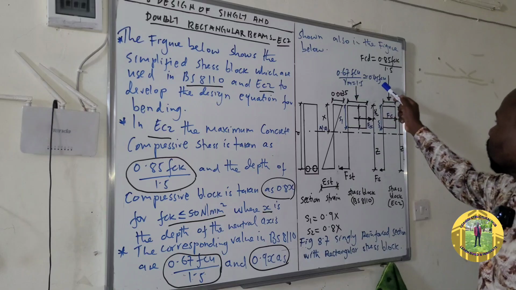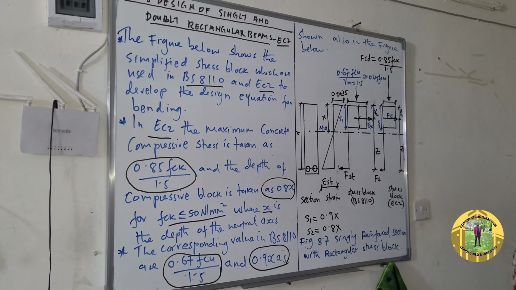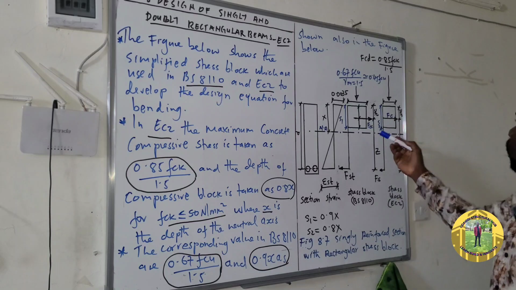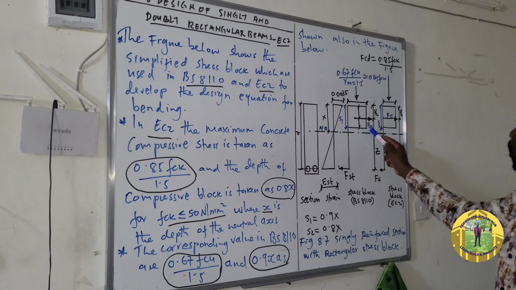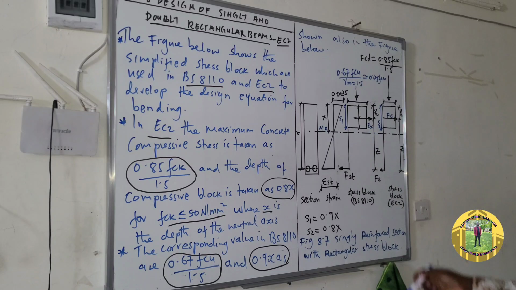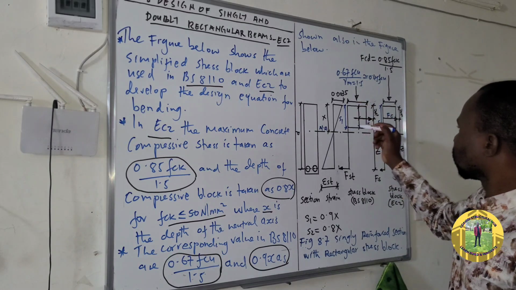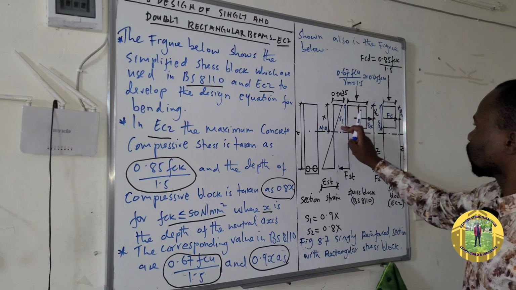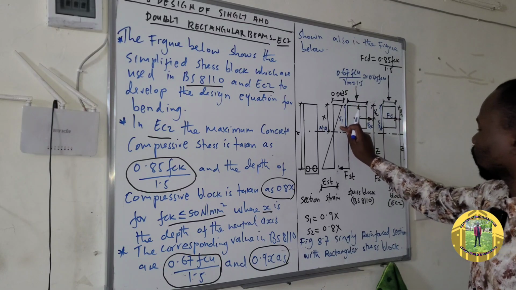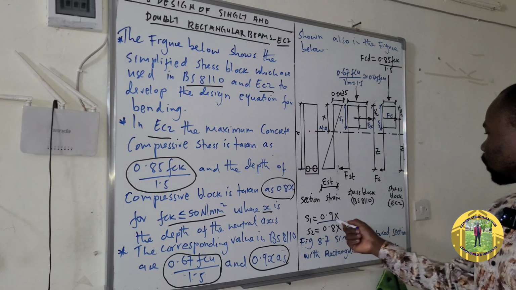If you simplify, you will get 0.45 fcu. And remember, this is the compressive force, Fcc. This distance from here up to here I have named s1 because of space, but it is supposed to be s, which is equal to 0.9x.